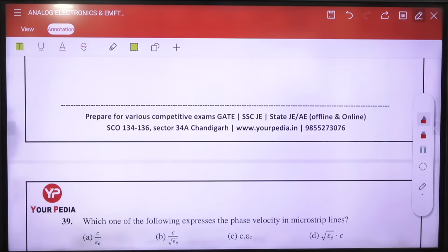Which of the following expresses the phase velocity in a microstrip line? Microstrip line has a different property than the normal line.